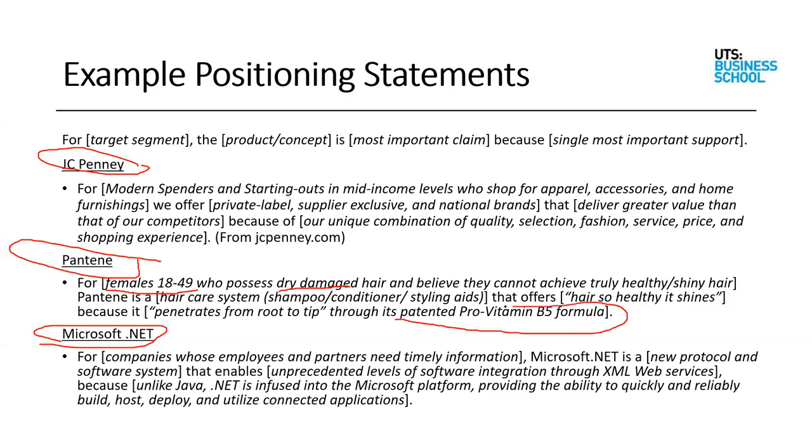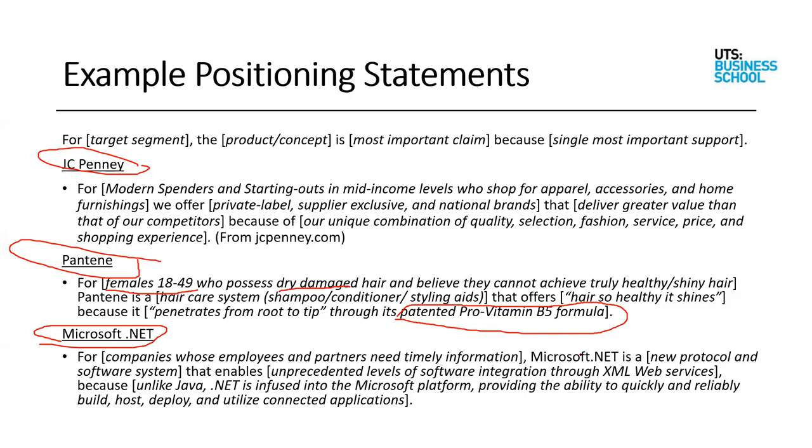So Pantene is differentiating itself from the competitors by indicating very clearly that they have a special formula that is patented, and it's a Pro-Vitamin B5 formula. And their target customers are females in the age of 18 to 49.